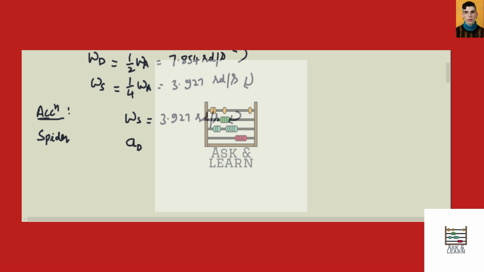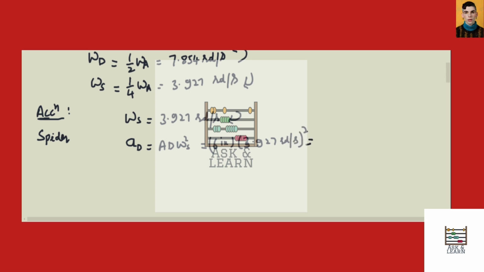Acceleration of D will be AD into omega square S. AD is 6 inch and omega is 3.927 radian per second whole square.